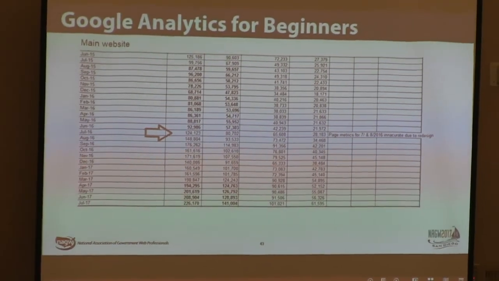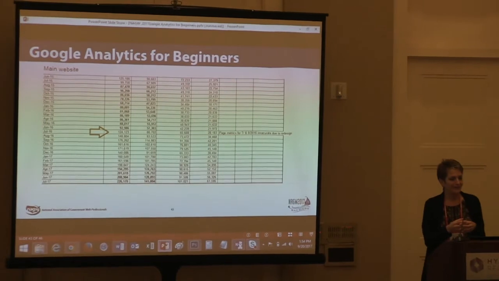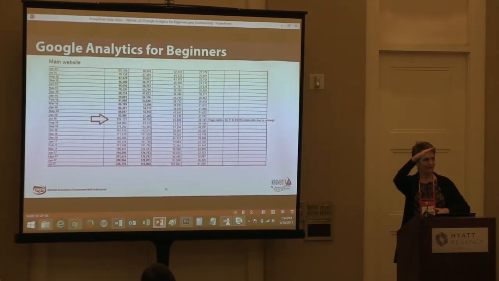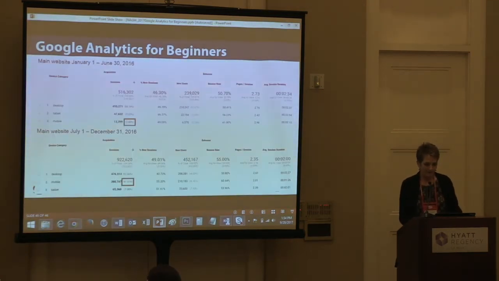And so when Google Analytics started reporting the mobile data, we got more realistic numbers. And this is that long list of monthly traffic. And if you'll notice, it jumps up and it just keeps going up from there. So, just look a little deeper. If you see something different, look a little deeper.